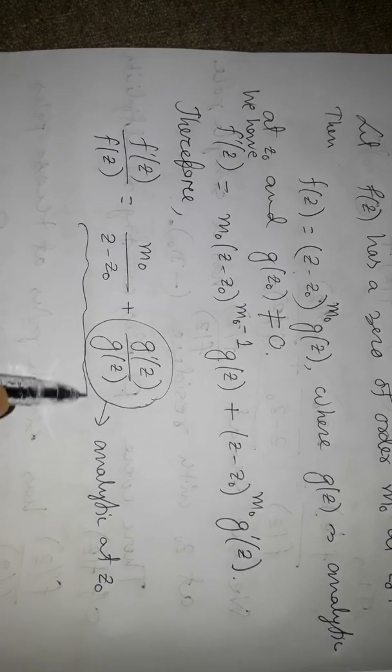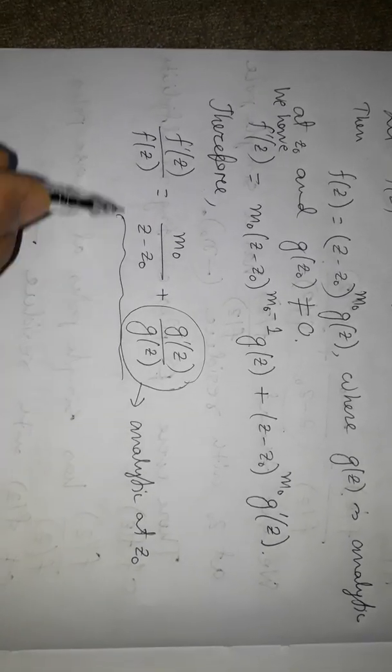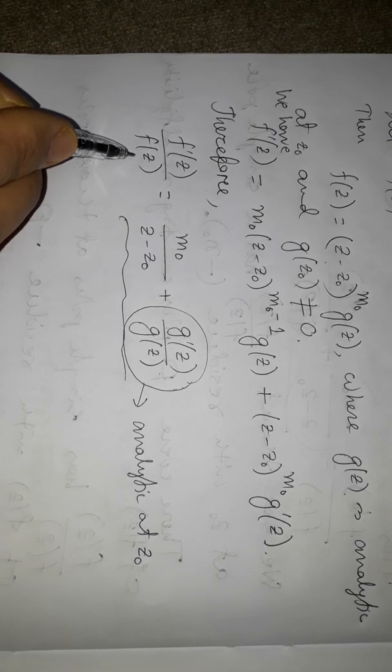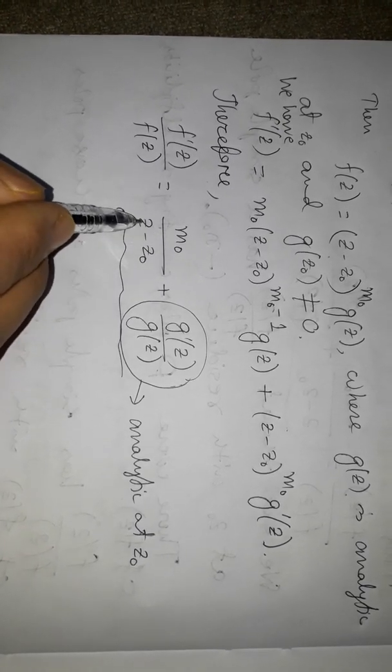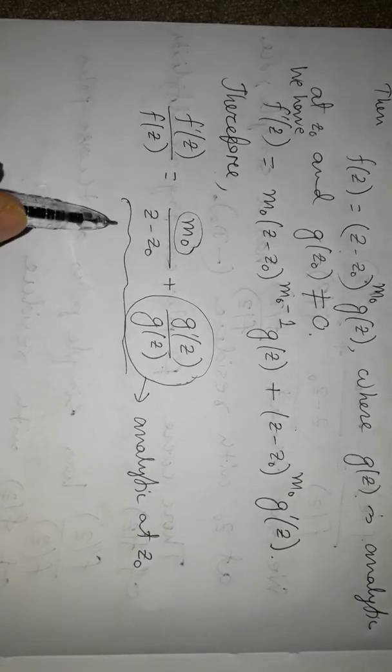So from this you can see that f prime z by f z has a pole, because of the term 1 by z minus z naught, and the coefficient is m naught.